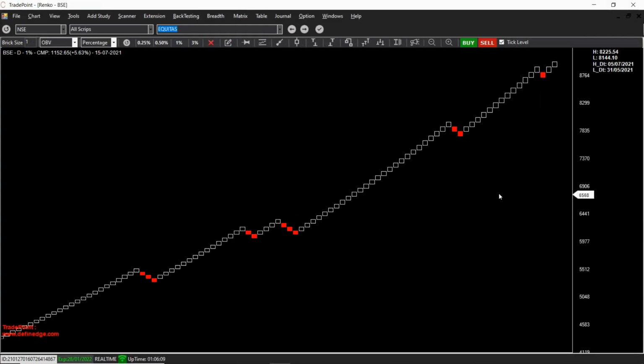All other things that I have told about analysis of OBV remain the same on the Renko chart also. There also you can look at bullish swing breakouts, bearish swing breakouts. You can use a moving average here, and for the box value you can use 1%, 0.25%. You can do that on the lower time frame as well.